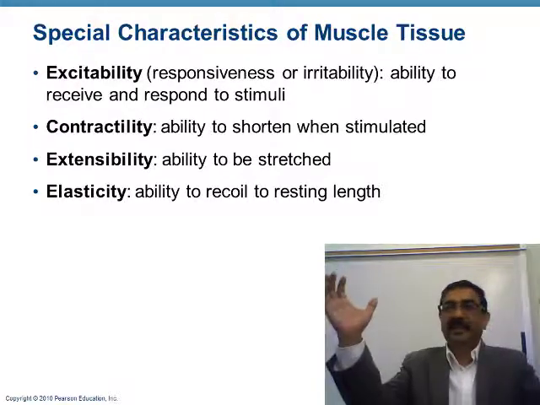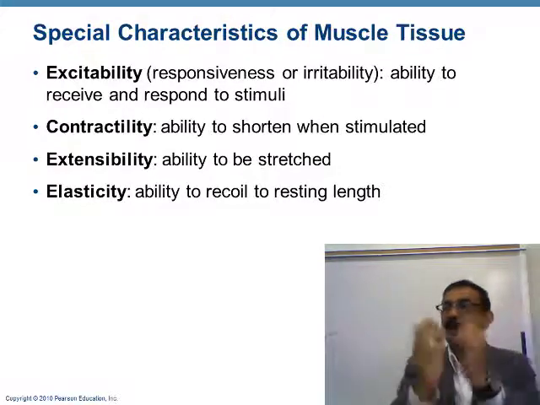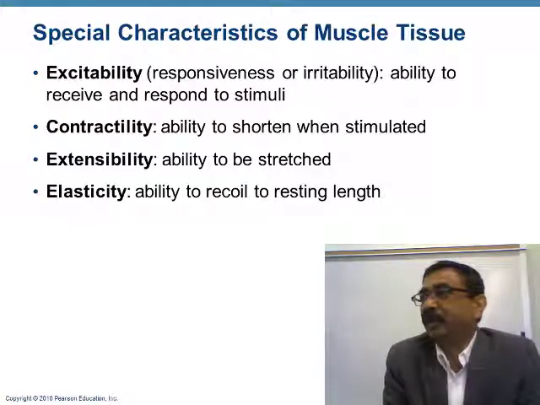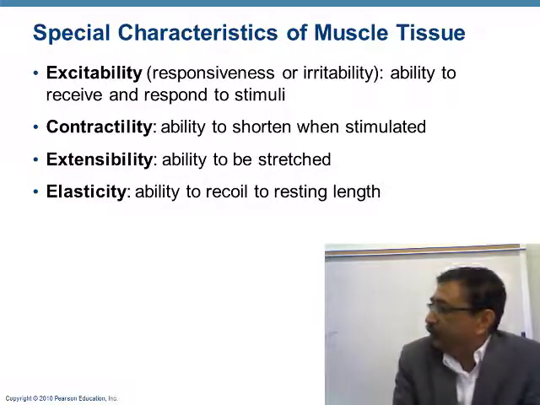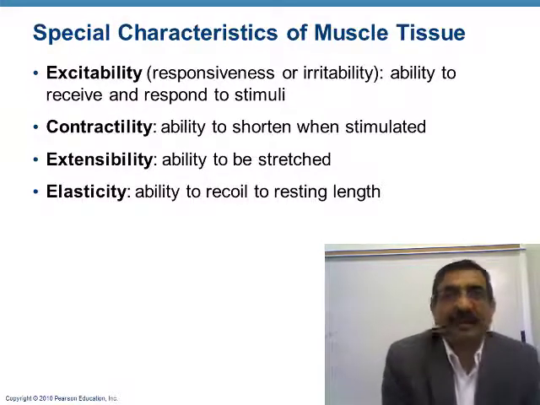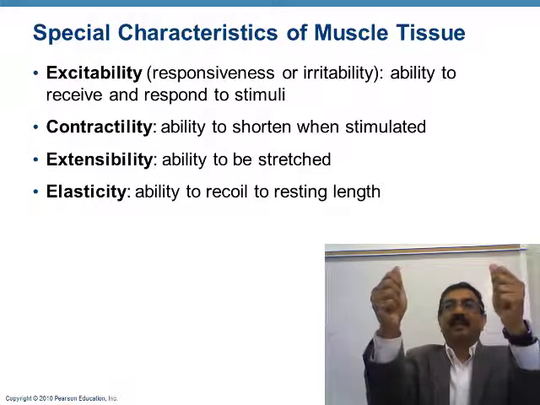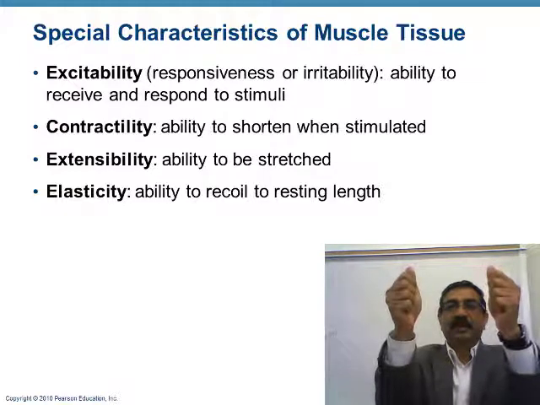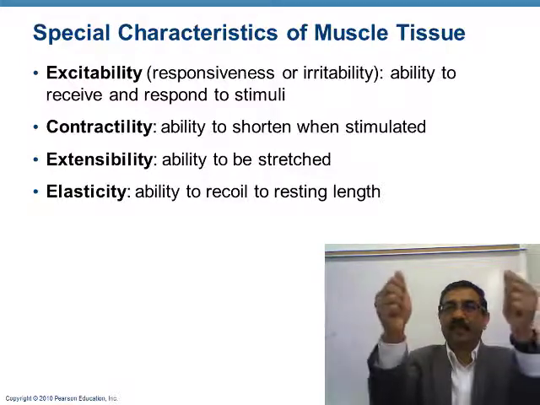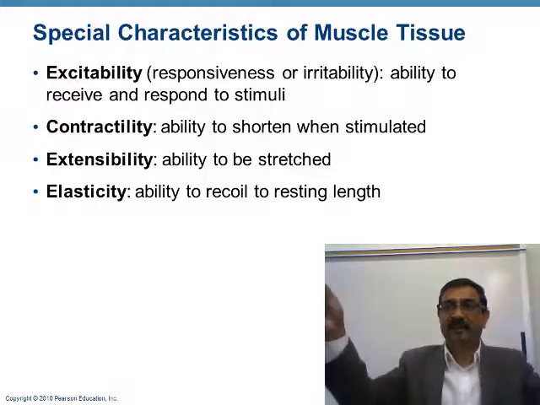Contractility, the ability to get shorter. Contraction. And extensibility. The muscle tissue has a kind of elasticity, so if you pull the muscle from both ends, it can expand.